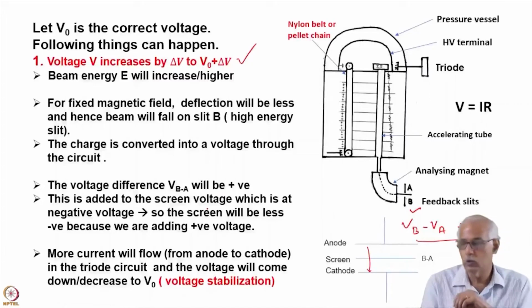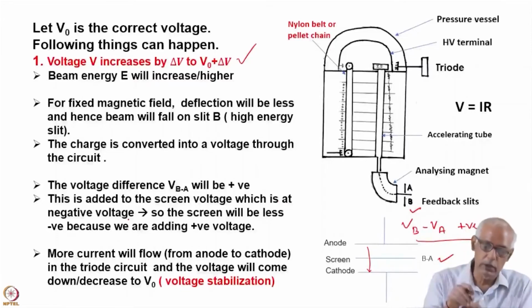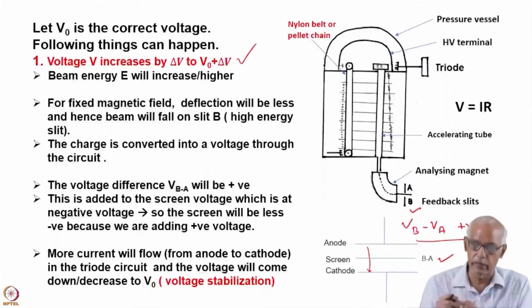This is added to the screen voltage, which is at negative potential. So when the positive is added, it becomes less negative now, and as a consequence, more current will flow from anode to cathode.